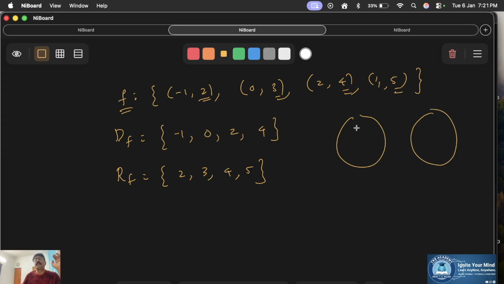There we have to see whether every element in A has an image in B. Such things are to be tested. But there is no question of testing here because it is already given as a function from A to B. If it is given just as a relation, then it is not that easy unless A is clearly mentioned. If A is not mentioned, we cannot say whether it's a function or not. Okay.